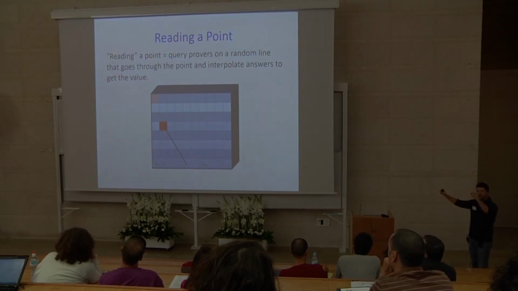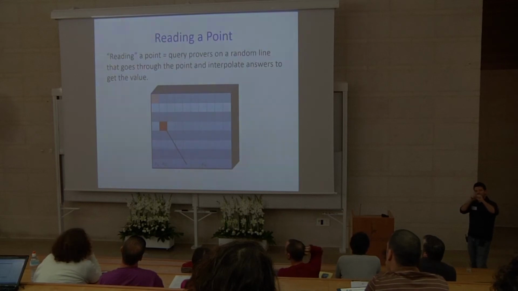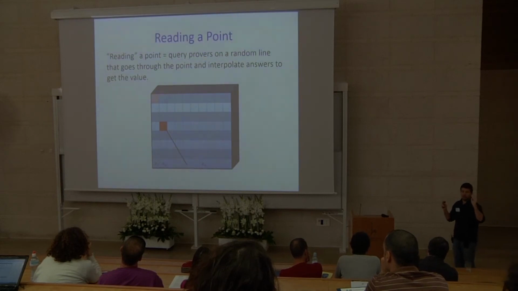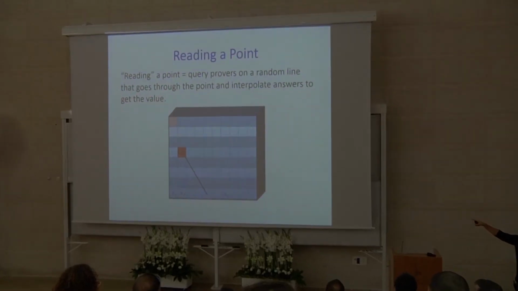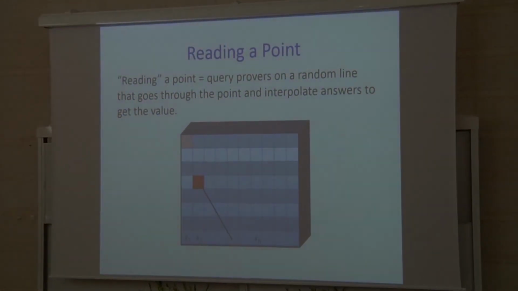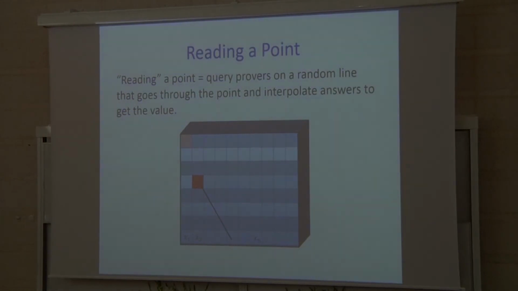You take this random line, and you ask each one of the provers for one of the points on the line. You get back answers. You view the answers as lying on a low-degree polynomial. You interpolate that polynomial, and you look at the value at the red point, and that's reading the value of a point. The actual details are not important, but what I want to stress is that we have some notion of reading the value of a given point in the PCP.